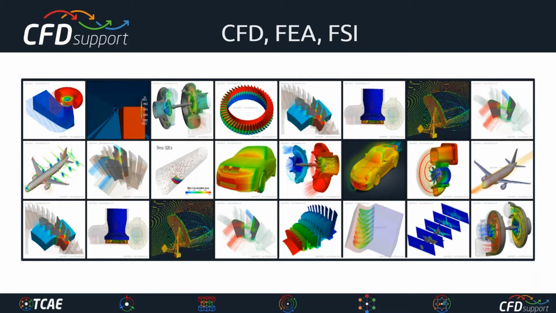Our clients are CAE professionals who know well what they want. We are obsessed with accuracy. That's what today's webinar is about. Accuracy is our highest priority, and besides accuracy, it's definitely a focus on automation, repeatability, and application-tailored solutions.